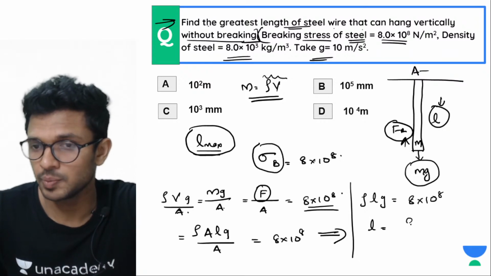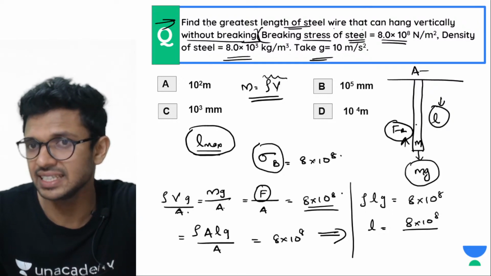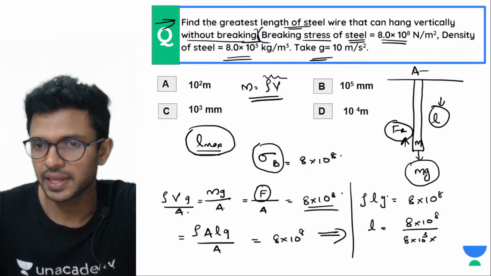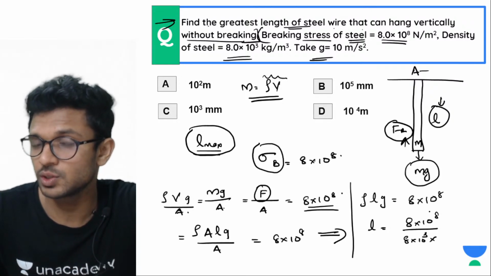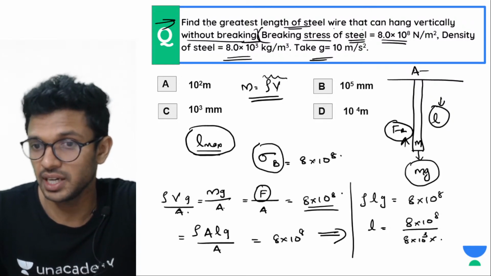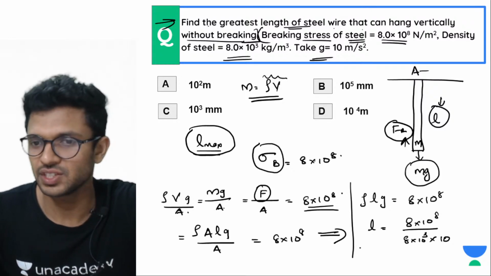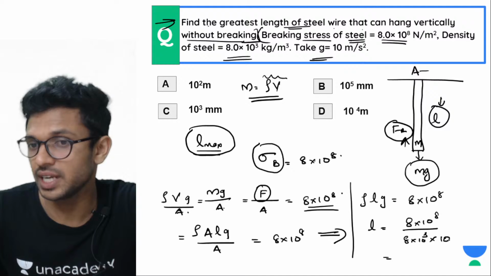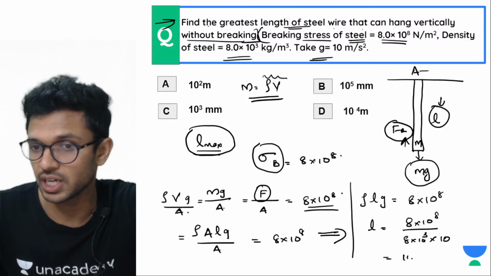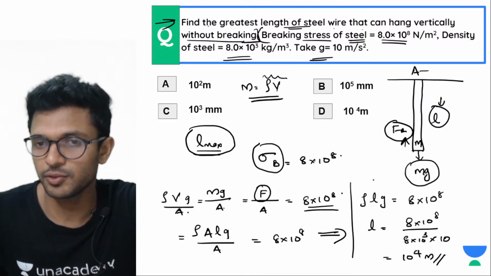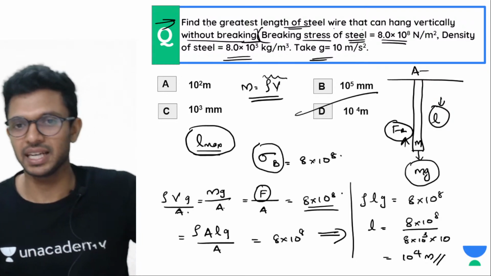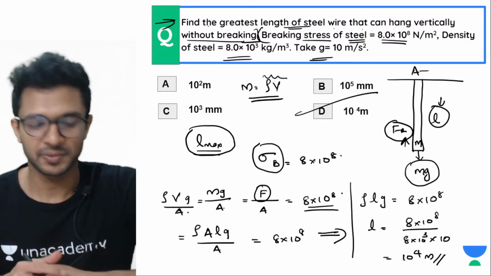So L is equal to 8 into 10 power 8, the whole divided by density, which goes down. How much is it? 8 into 10 power 3, right? g will also go down to the denominator, that is 10, as given. Okay, cancel the 8. 10 power 8 divided by 10 power 3 into 10 gives 10 power 4, with the unit of meter. Simple, we got it. The answer is 10 power 4 meter.